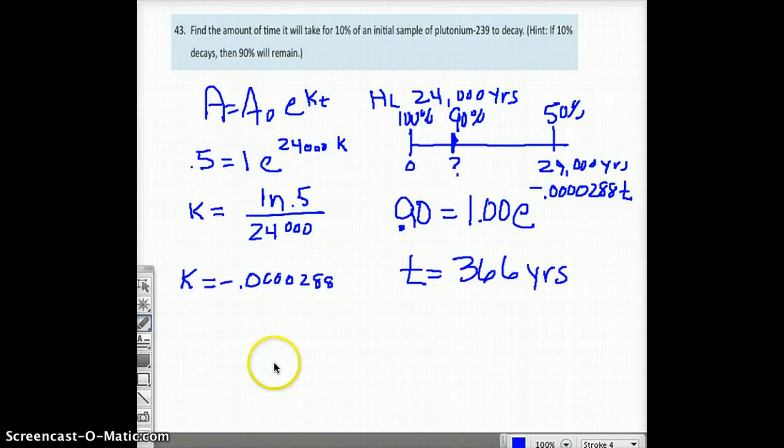So what did I do? I did the ln of 0.9, then I divided it by negative 0.0000288. I got 366 years. I rounded to the nearest year.